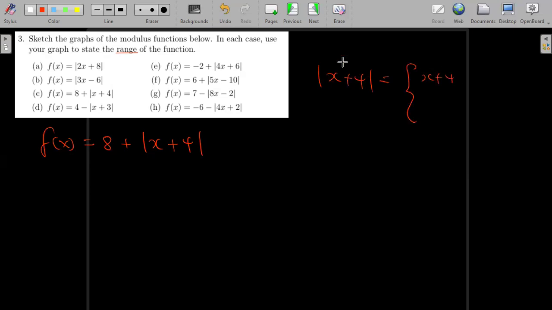Equate this to 0, you get x plus 4 equal to 0, which gives you x equal to negative 4. So this will be x plus 4 if x is greater than or equal to negative 4, and the negative of x plus 4 if x is less than negative 4. Okay, like that.